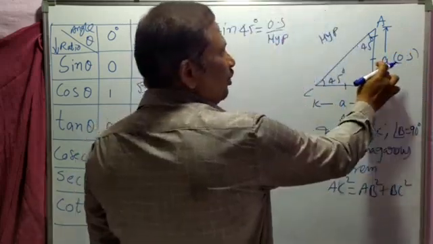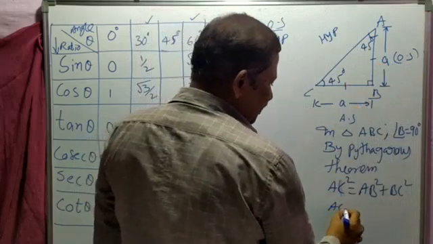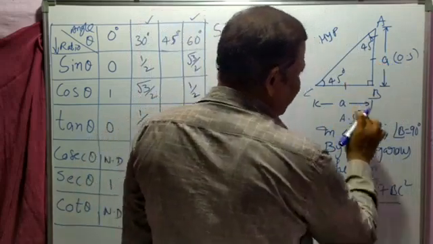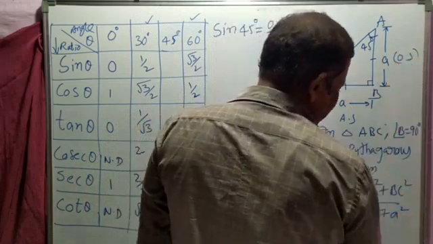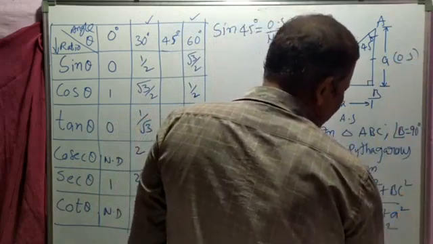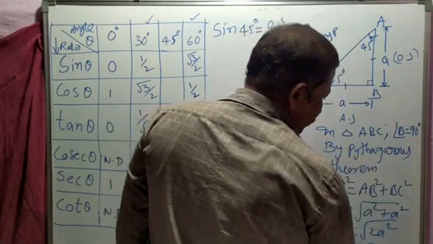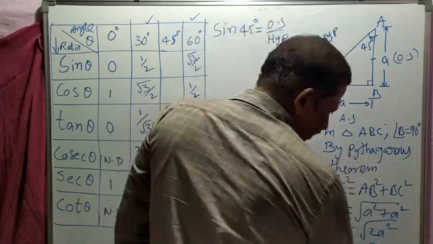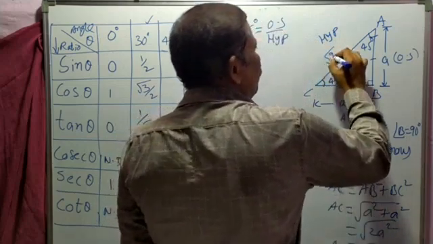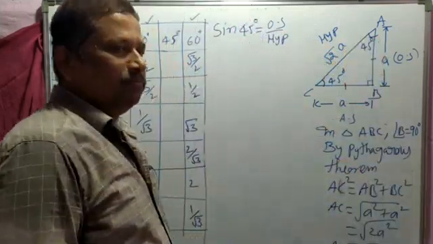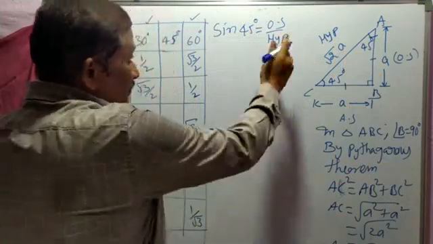Substitute the known values, AB and BC. AC is equal to under root, AB value is A square, BC value is A square. A square plus A square is 2A square. So the root and square get cancelled, root 2 A. What is the AC value? Root 2 A will come.